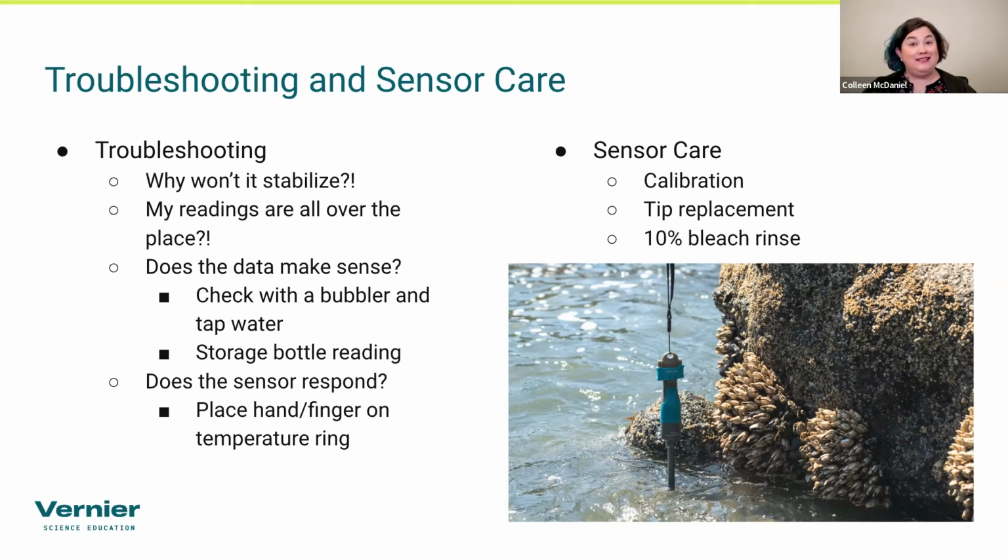Okay, so sensor care. The great thing about the probeware is it's pretty easy to store. You don't have to really worry about storing them in a specific orientation, like a pH probe or an oxygen gas probe.